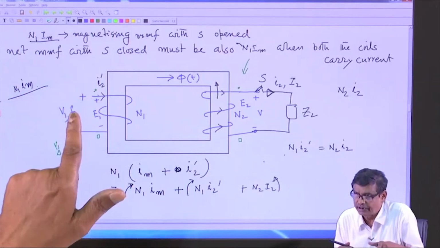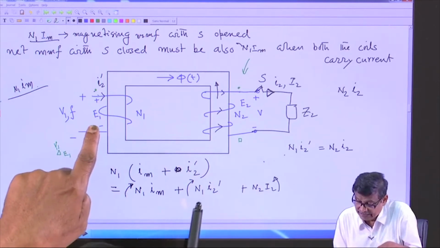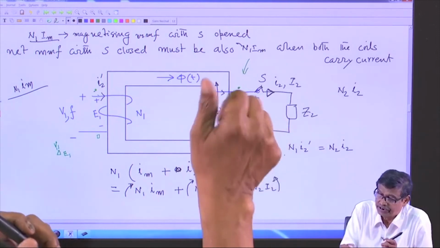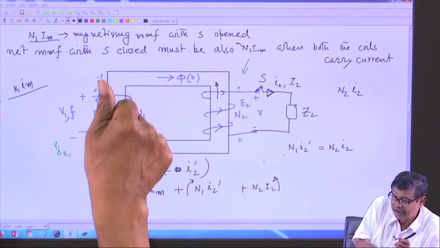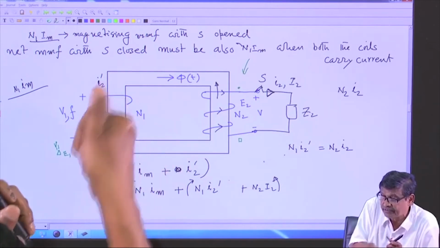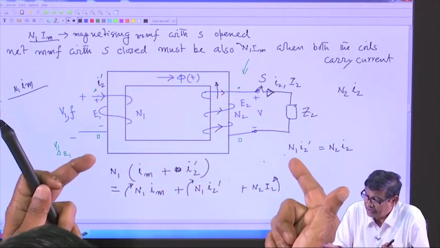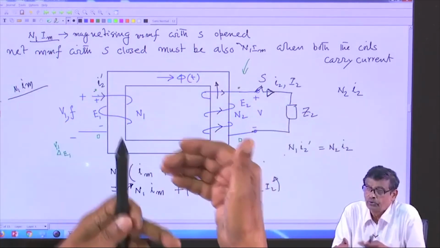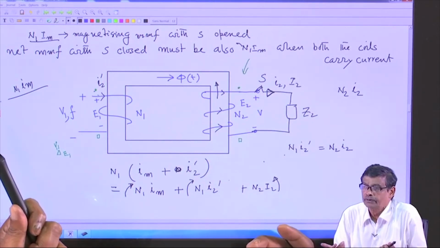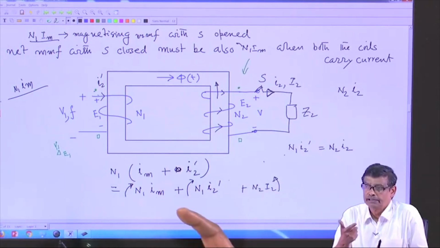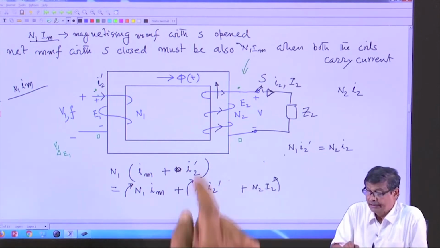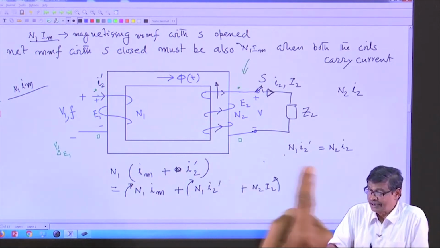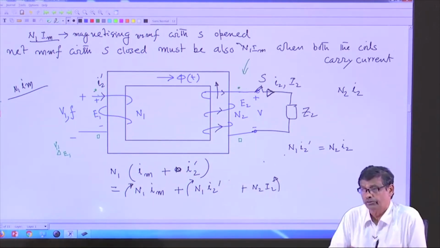Let there be N1 Im, and these two will cancel out, because N2 I2 creates flux in this one and N1 I2 dashed creates flux in this one, and if these two are equal, they will cancel out. So, net MMF how much is it acting now? Once again N1 into Im. This is the most crucial point, and this the transformer has to do for all the time. That is why it is true for instantaneous values also.